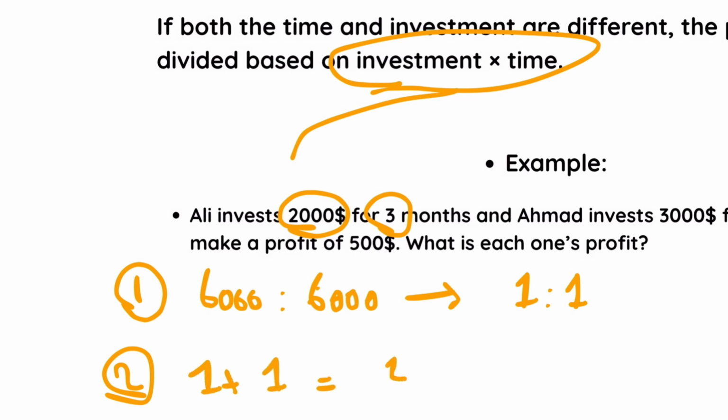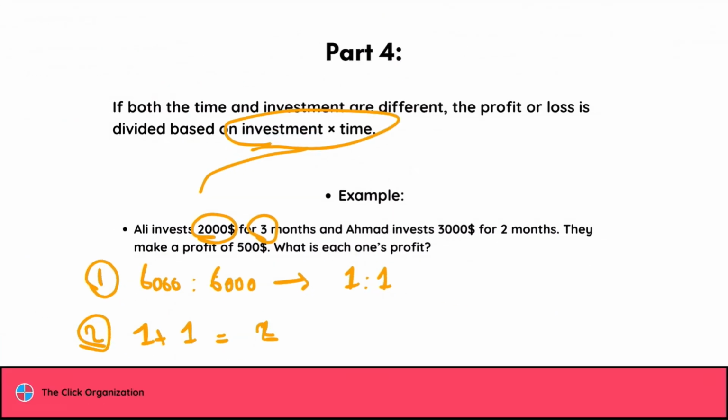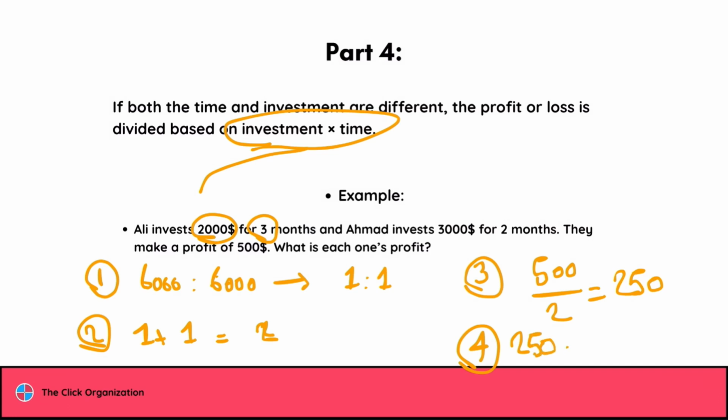So the result will be 2, right? And the third part, dividing the main profit by the result of addition, the result will be 250. And the fourth part, 250 times 1, 250 times 1.